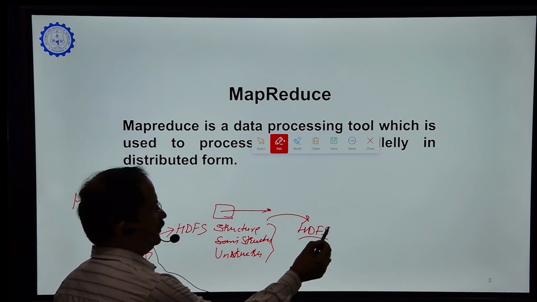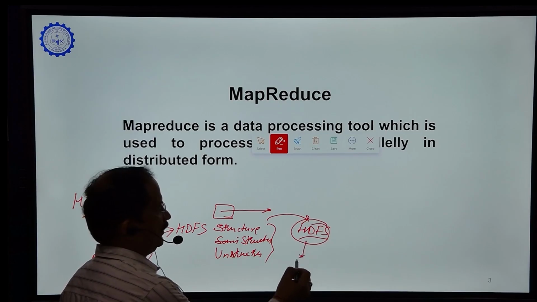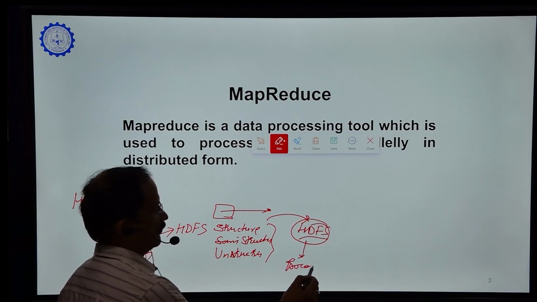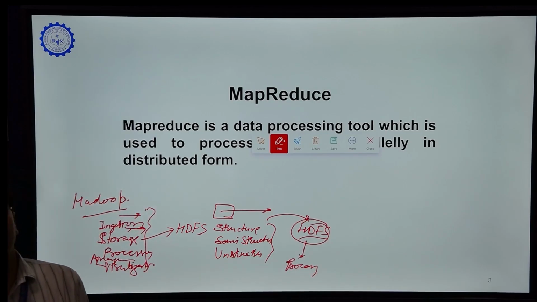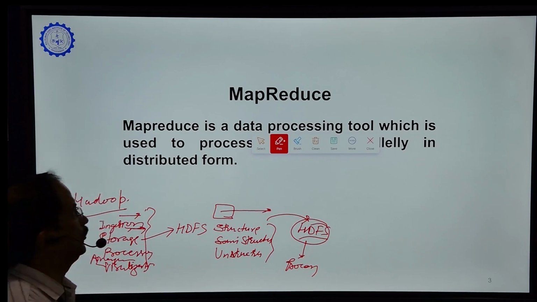Once the data is stored, there is a requirement for processing. For the processing purpose, MapReduce is a tool.